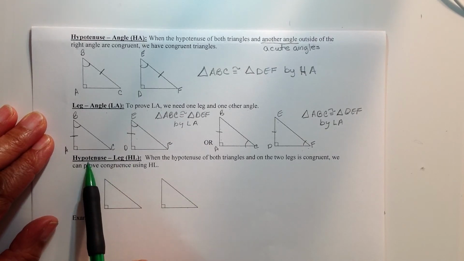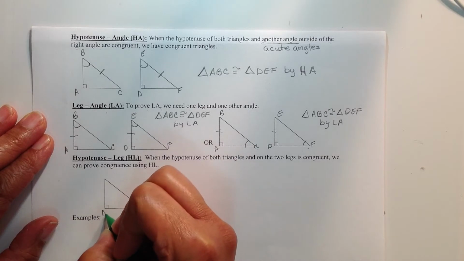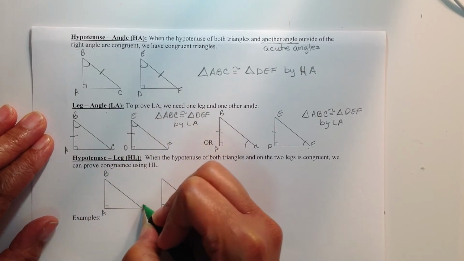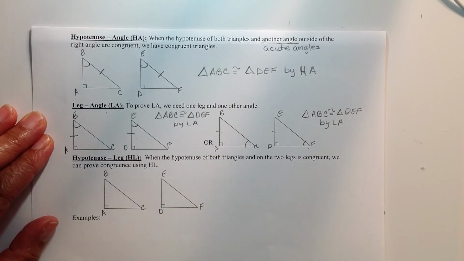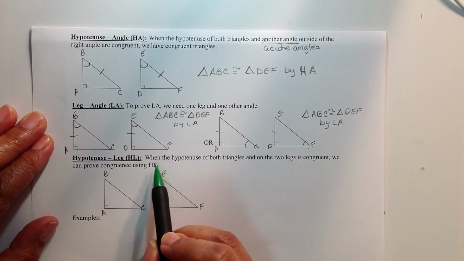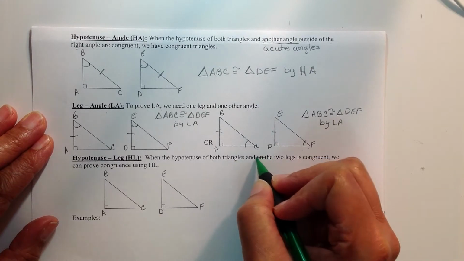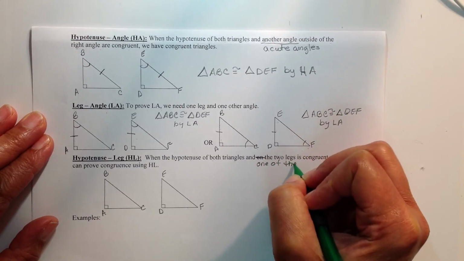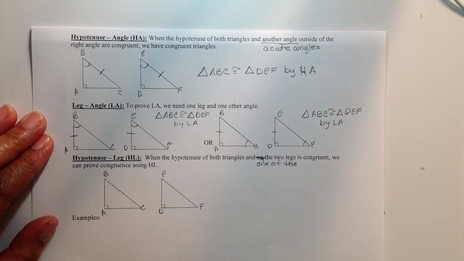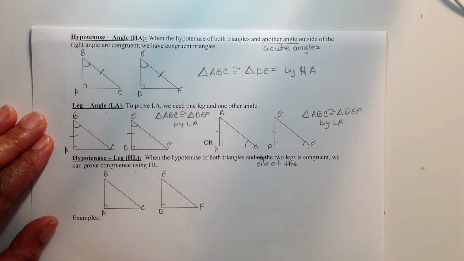Next, let's look at the final, or the fourth, theorem that we can use to prove that right triangles are congruent. I'm going to label this ABC again, and this DEF. This one is called hypotenuse-leg. It says when the hypotenuse of both triangles, and we have a typo here, and one of the two legs are congruent, then we can prove congruence using hypotenuse-leg.